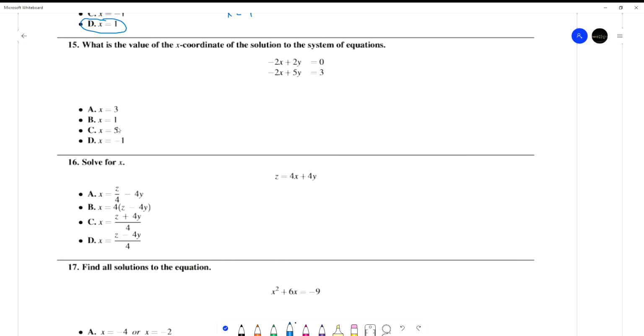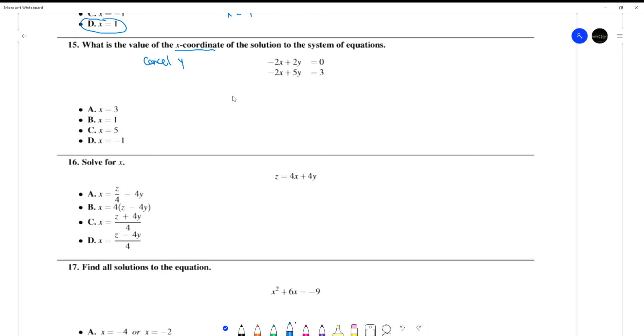this one is asking you to solve for x, so you can cancel out y, right? So solve for x means cancel y. The way you do that is by making the coefficients of the y terms opposites of each other. So that means I'm going to multiply the first equation by 5.